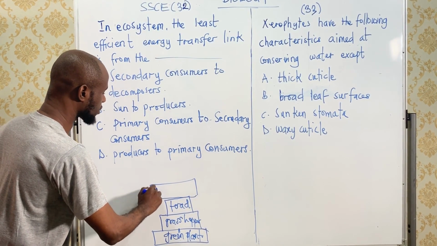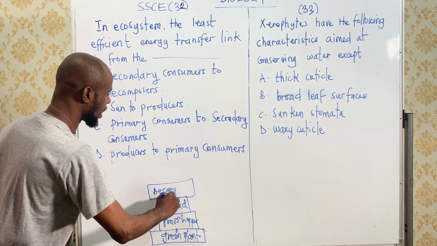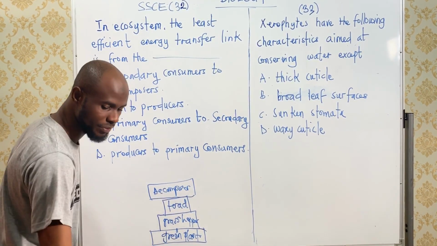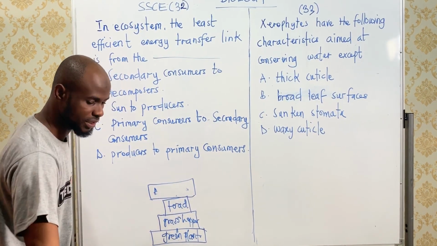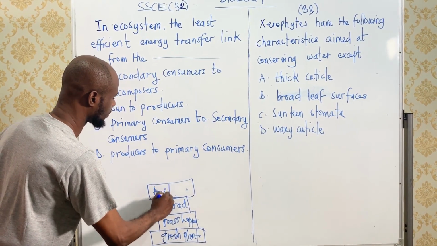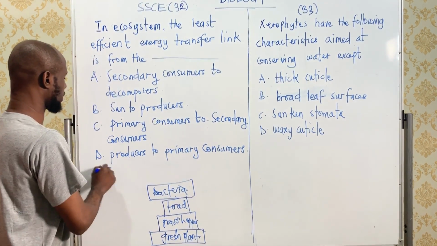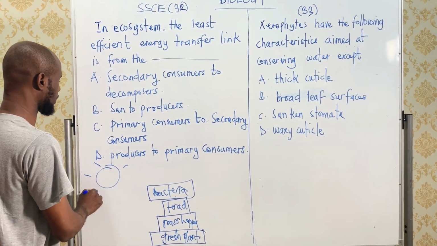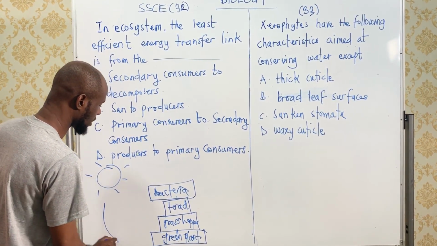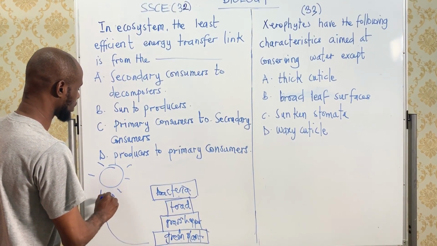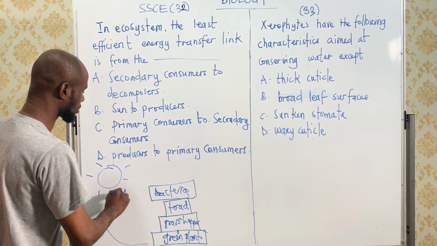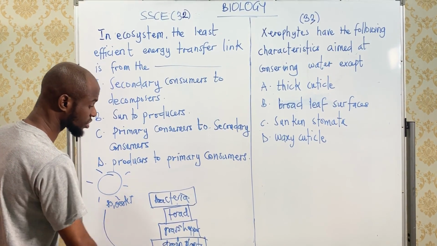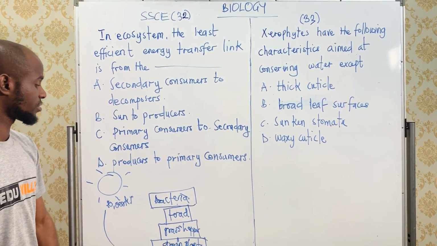So we have decomposers like the bacteria. Where is our source of energy? The sunlight is our source of energy. When you are transferring energy from the sunlight, let's say 20,000 kilojoules, it is going to reduce when it gets to the green plants.